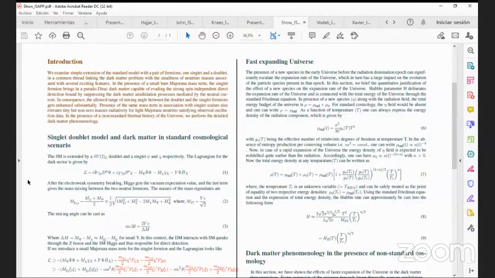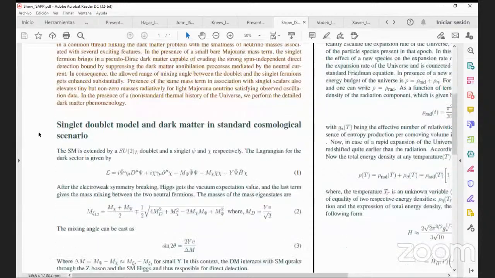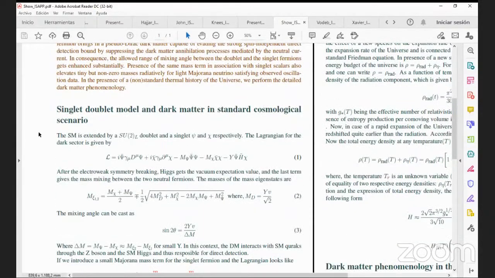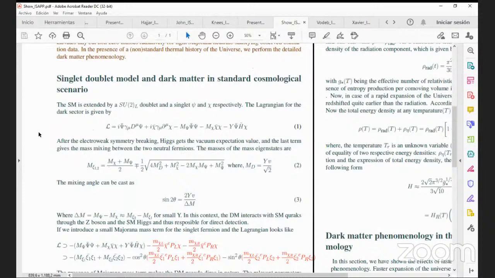The last term of equation 1 is the Yukawa type interaction of the BSM field with the standard model Higgs. After electroweak symmetry breaking, the Higgs will get a vev. So this Yukawa type interaction term will induce mass mixing. So the neutral components of the doublet and the singlet will no longer be mass eigenstates. So you have to diagonalize the mass matrix.